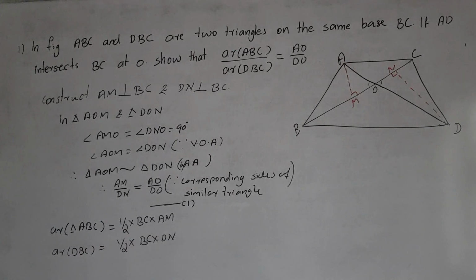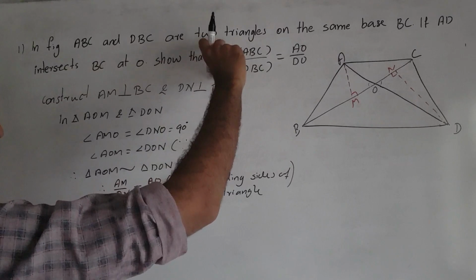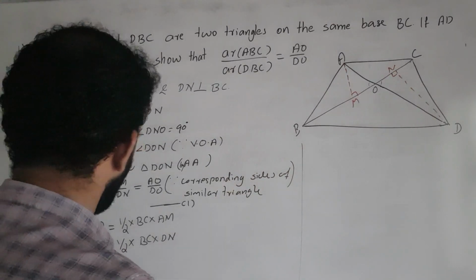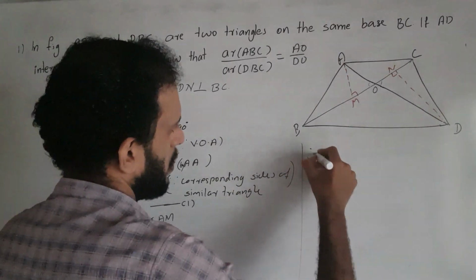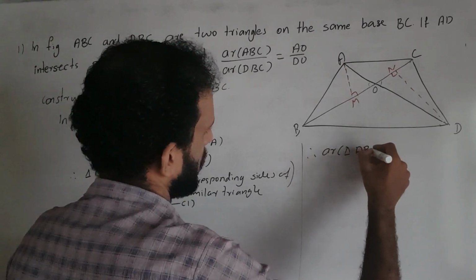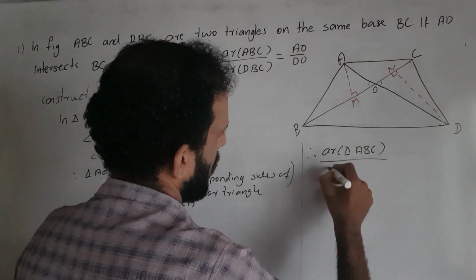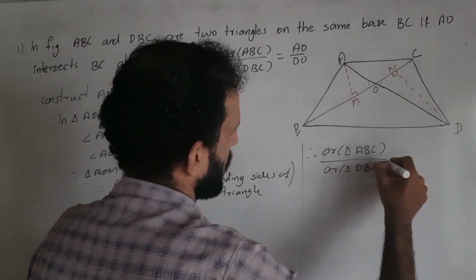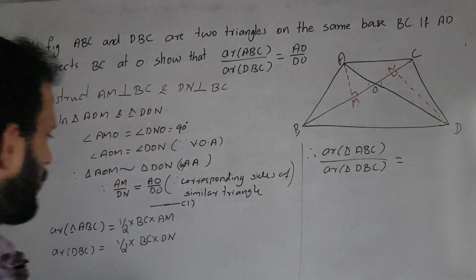So what is next? We want to find the ratio of the areas. Correct? Therefore, area of triangle ABC by area of triangle DBC is equal to, what do we get?